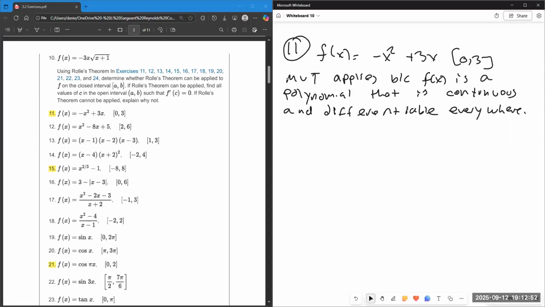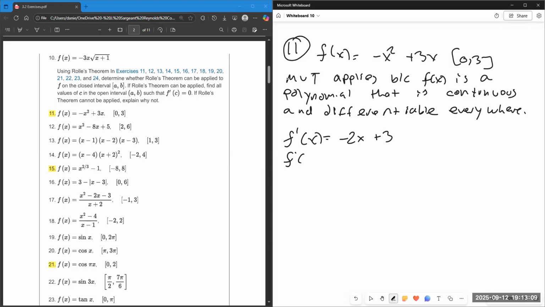Okay, so both conditions are met. Let's go ahead and find f prime of x, which is negative 2x plus 3.